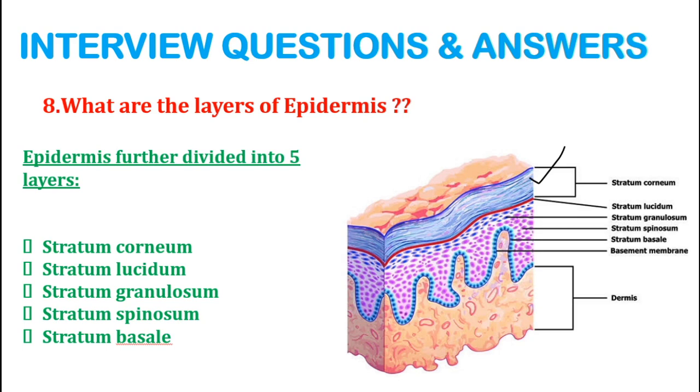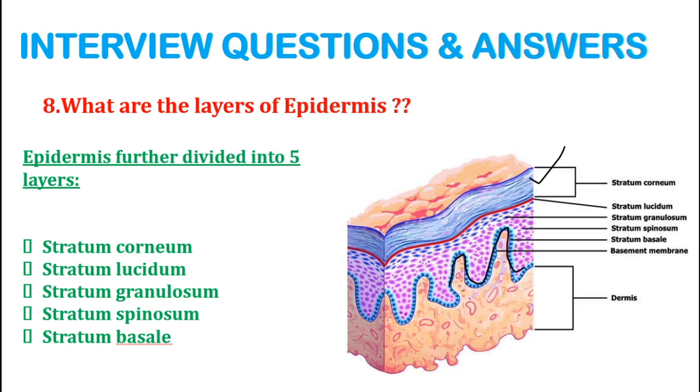Below the red color line, the blue color dot-like structure is the stratum granulosum. Below the blue dots, purple color dots are the stratum spinosum. Below the purple dots, we can see one lining with blue color, which is the stratum basale.